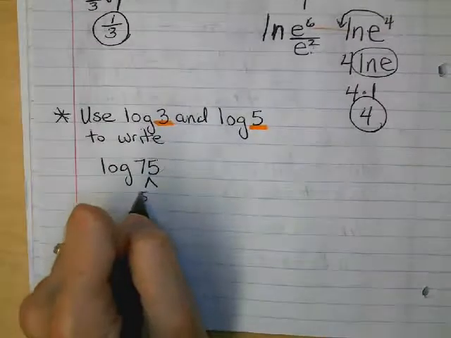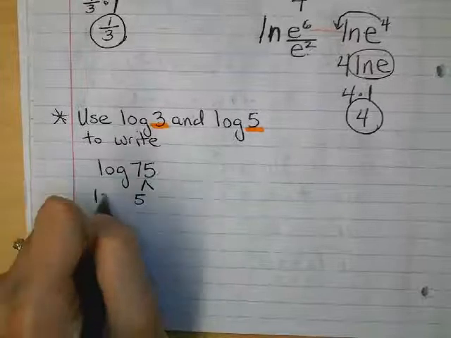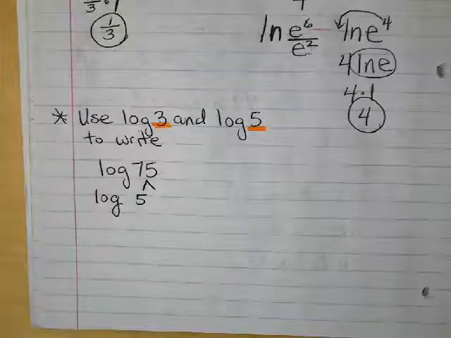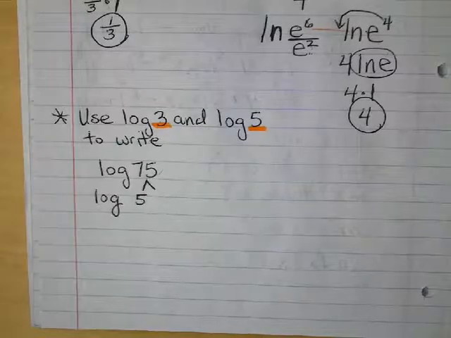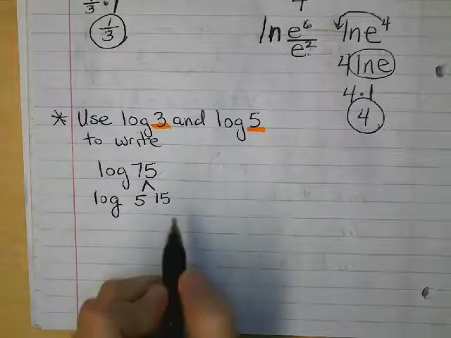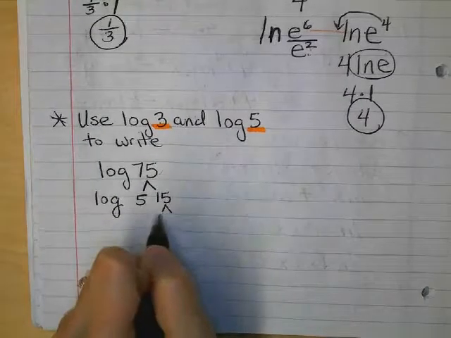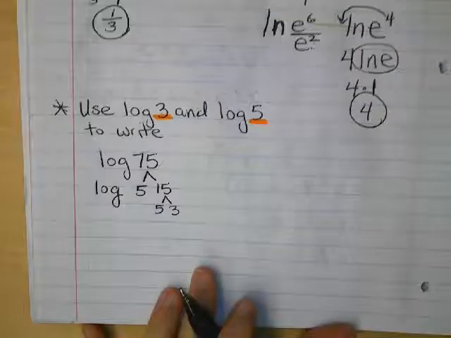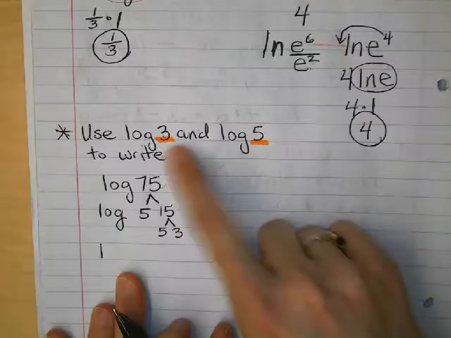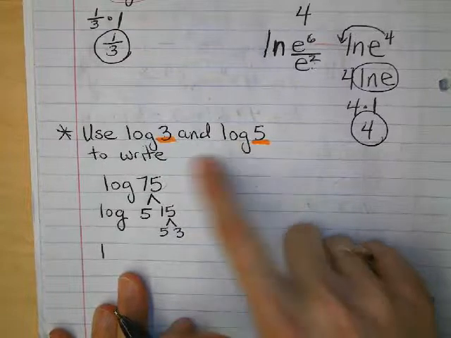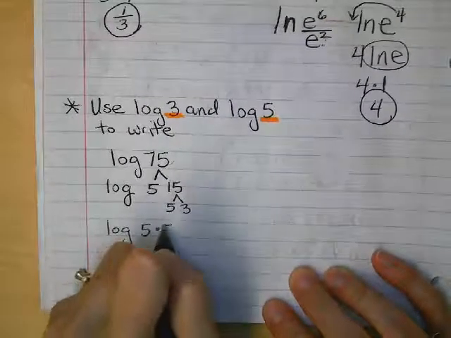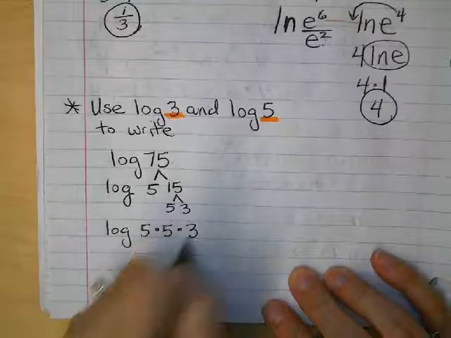Does 5 go into 75? Like 5 times what? Okay, I'll grab a calculator. What's 75 divided by 5? I got 15. And then 15 is 5 times 3. So you can see that 75, you could break it into 3s and 5s that they gave you. So it's like 5 times 5 times 3.